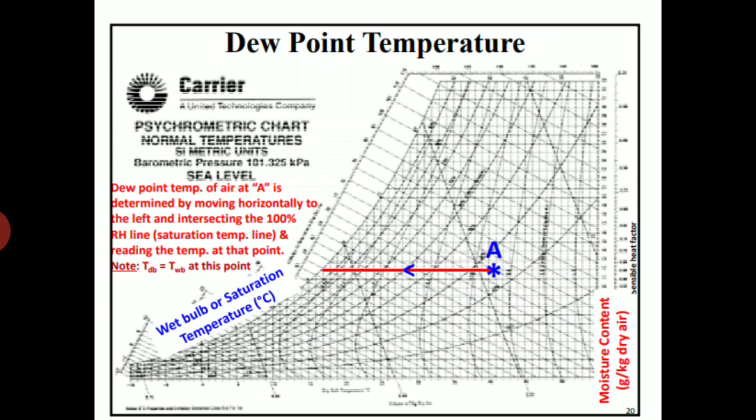So from the A point, move towards the left-hand side, horizontally on the curve. That is very important: horizontally you have to move. Exactly on the curve, you can obtain the dew point temperature.